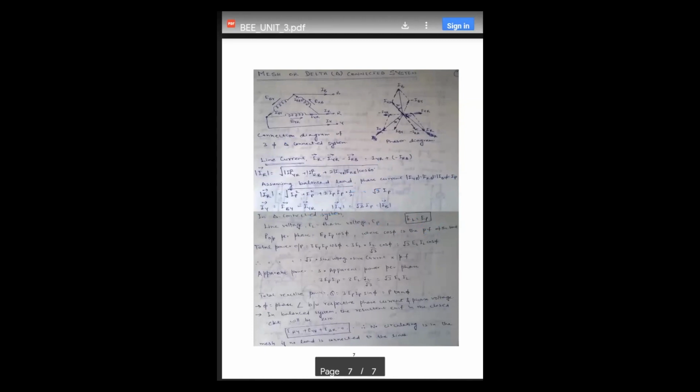Using this, we get the relationship that line current is equal to root 3 times phase current.